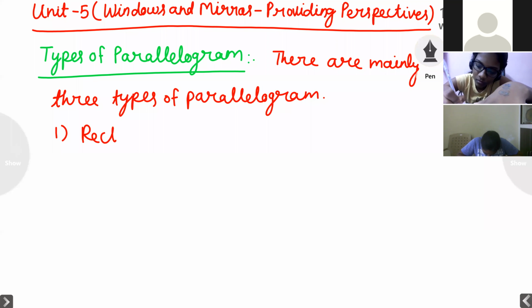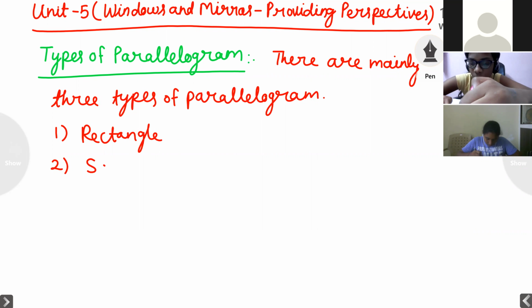Rectangle, square, third one is rhombus.